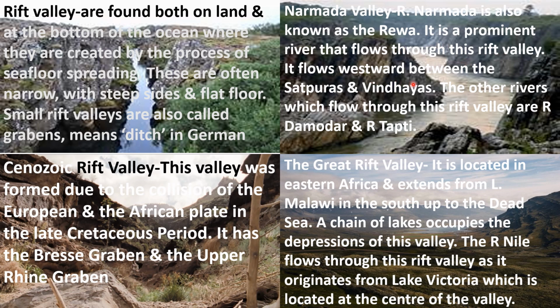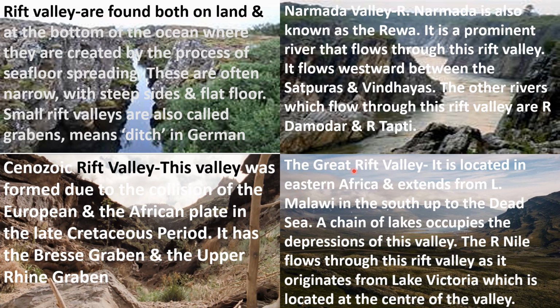It flows westward between the Satpuras and Vindhyas. Children, these mountains which are shown here, one of them is Satpuras and the other one is Vindhyas. The other rivers which flow through this Rift Valley are River Damodar and River Tapti.